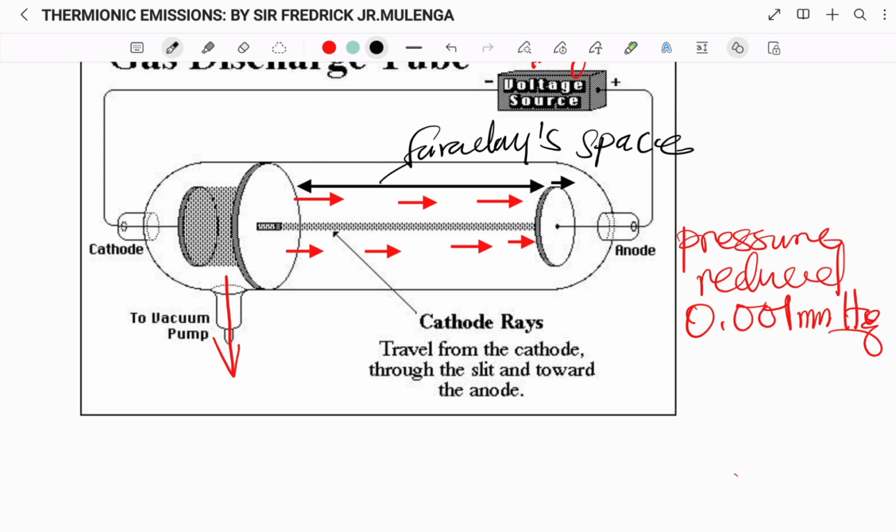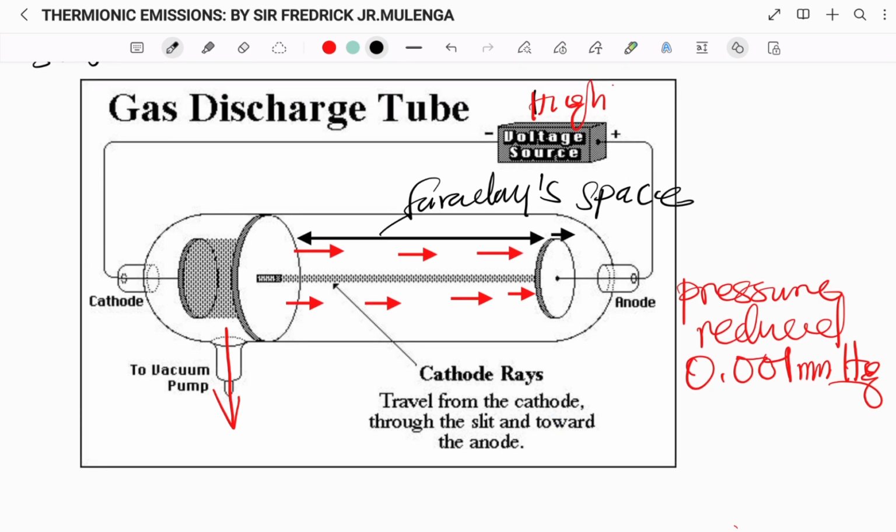So what is the main point we are getting from the production of cathode rays? It is that cathode rays are produced in the discharge tube, which contains anode and cathode electrodes, and the conditions required are a high voltage source and reduced pressure.